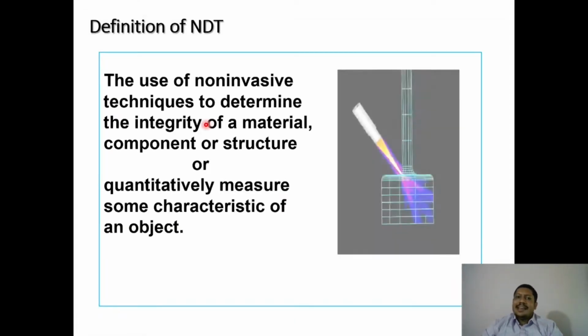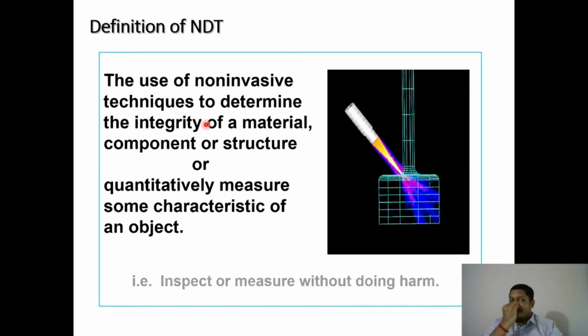So what is NDT? NDT is the use of non-invasive techniques to determine the integrity of a material, component or structure, or to quantitatively measure some characteristics of an object. That is, inspect or measure without doing harm.